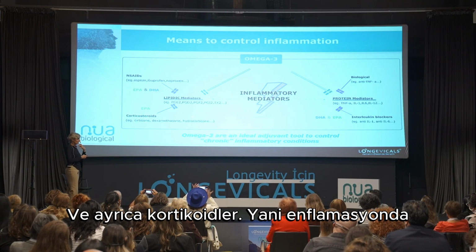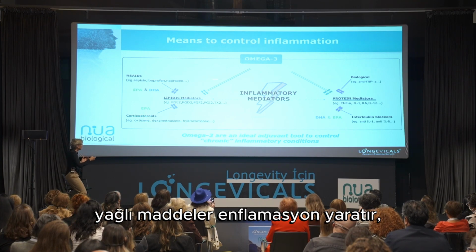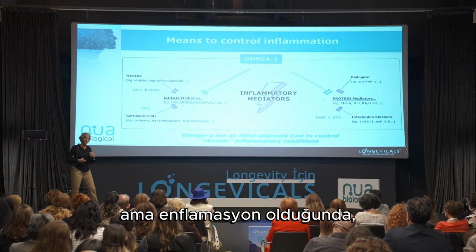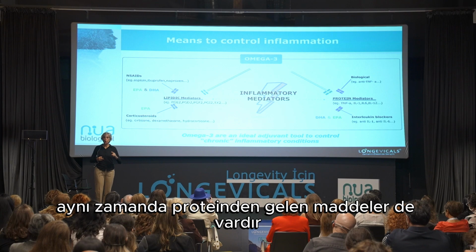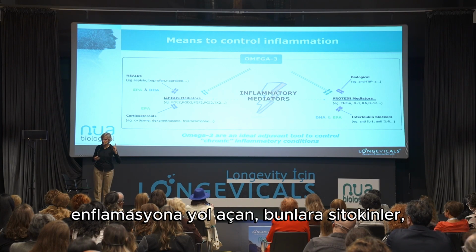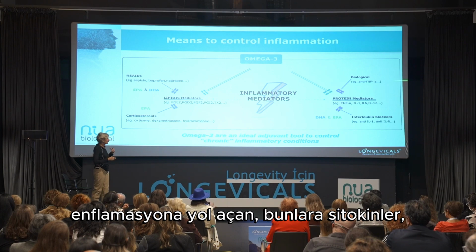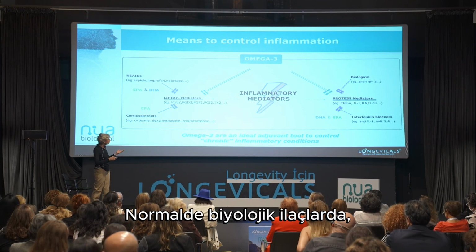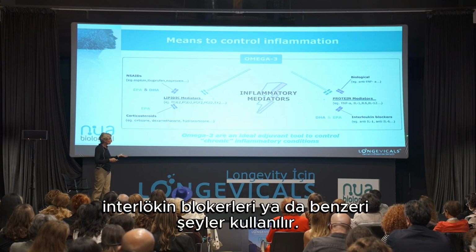So in inflammation, we have fatty substances that inflame. But when we have inflammation, there are also protein substances that inflame, which are called interleukins, and so on. Normally, you would use biological drugs or interleukin blockers.